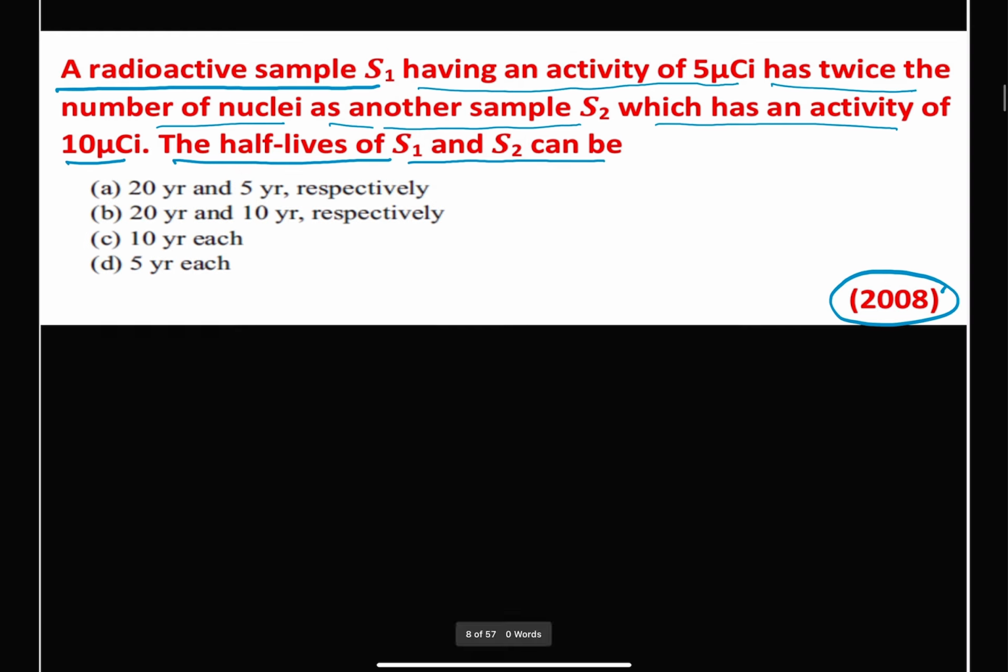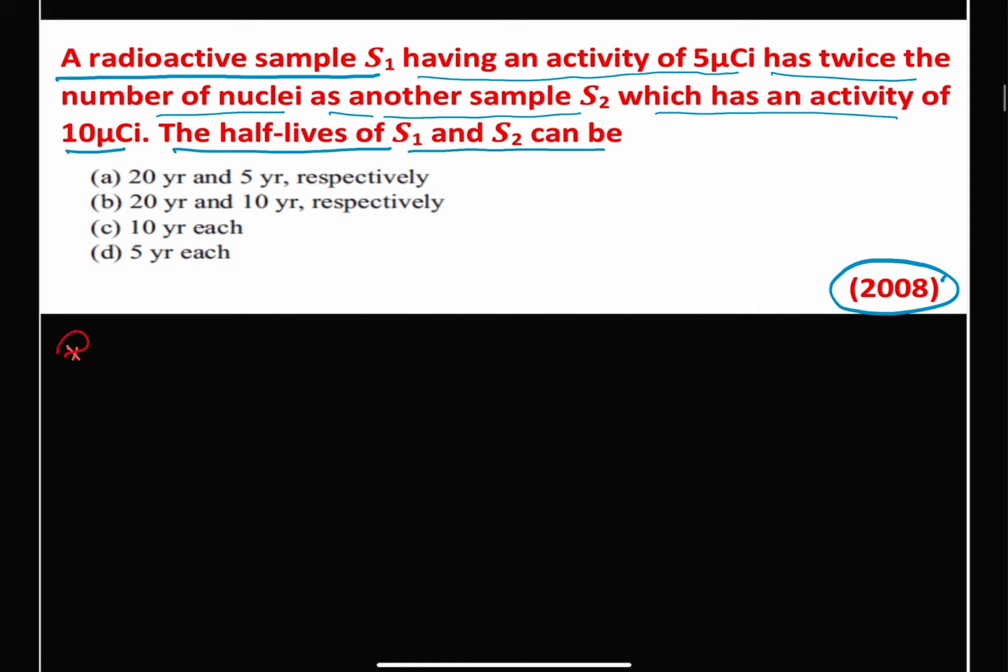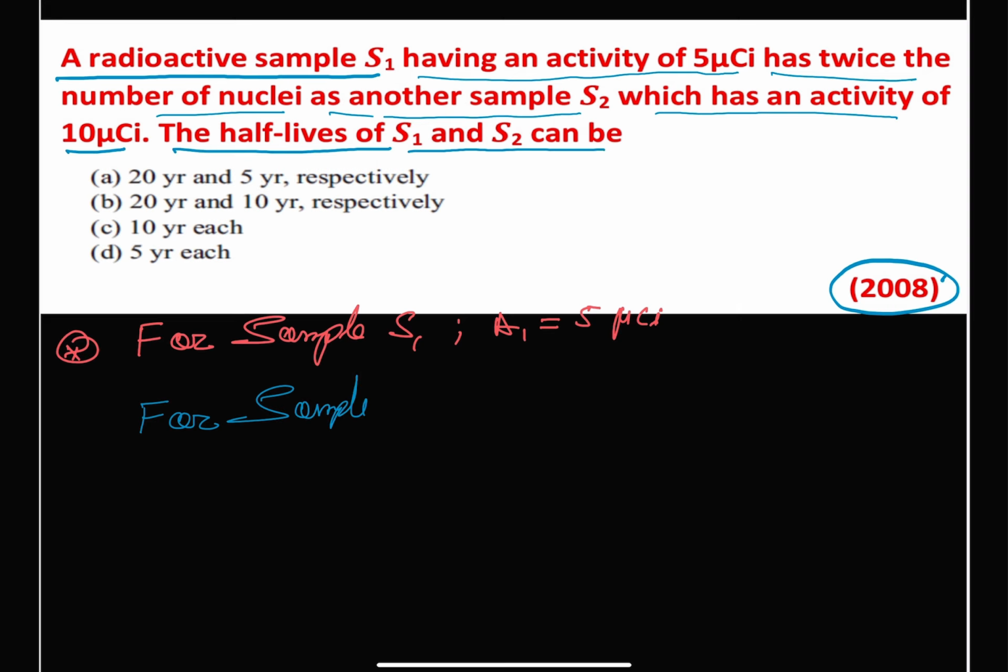So for sample S1, let us suppose we call this activity A1, which is 5 microcurie, and for sample S2, let us call that activity A2, and that is given as 10 microcurie.